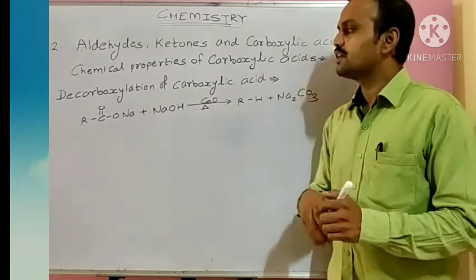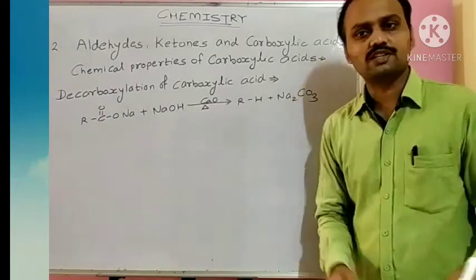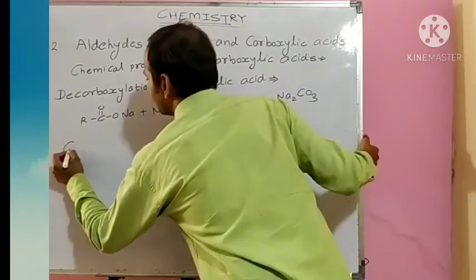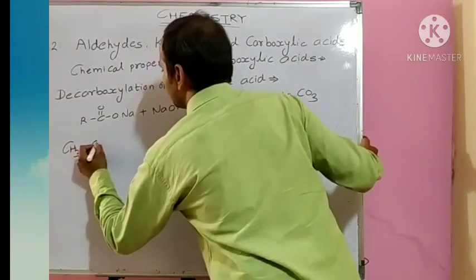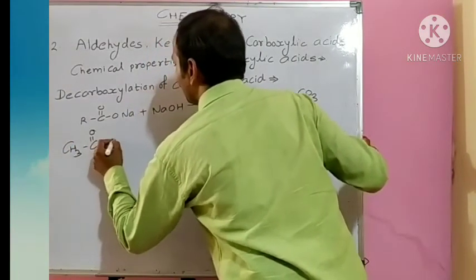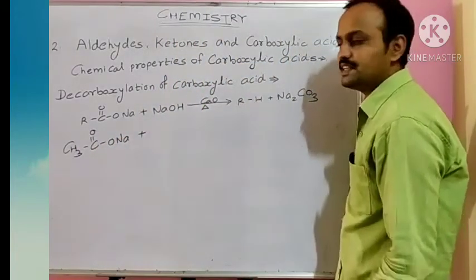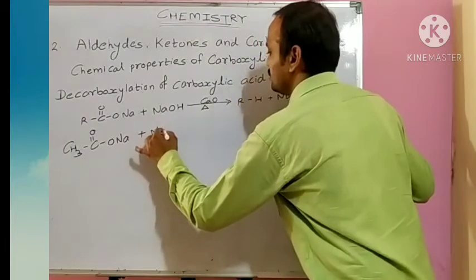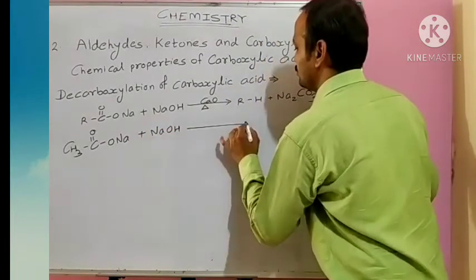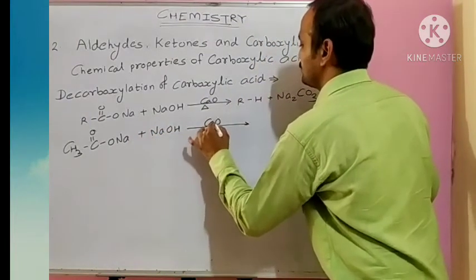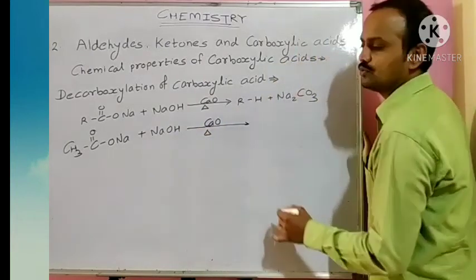I will write example for this general reaction, that is CH3COONa, which is sodium acetate, plus NaOH in presence of CaO and heat. What we get?